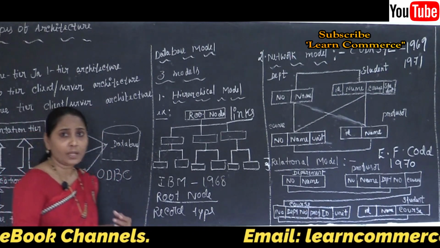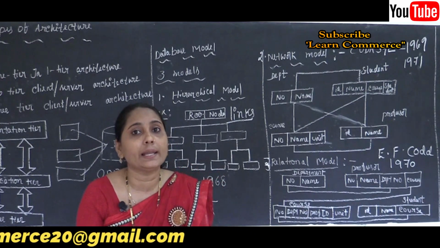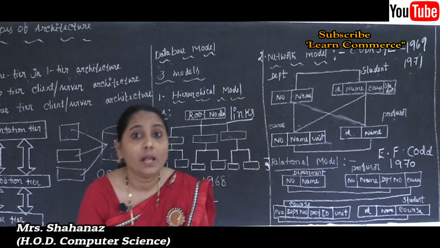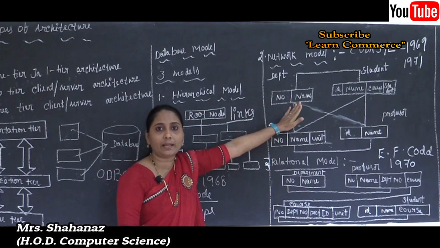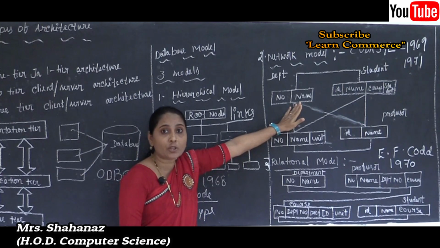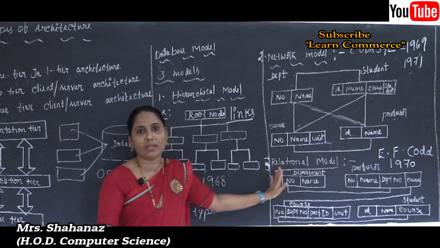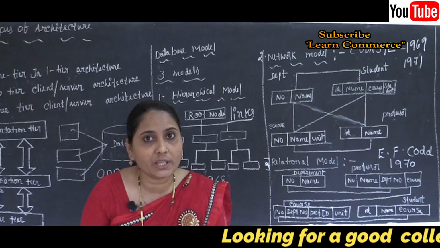But in the relational data model, unlike the hierarchical and network models, there are no physical links. In hierarchical and network models, we connect the records by using links. But in the relational model, we are not going to use any pointers, or simply links. So how are we going to arrange the records here?